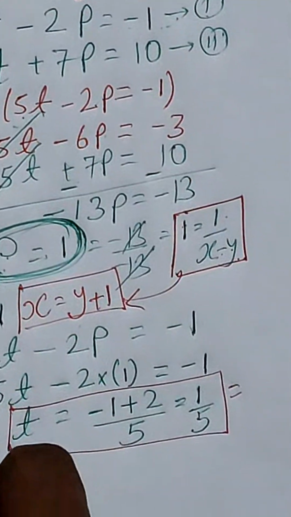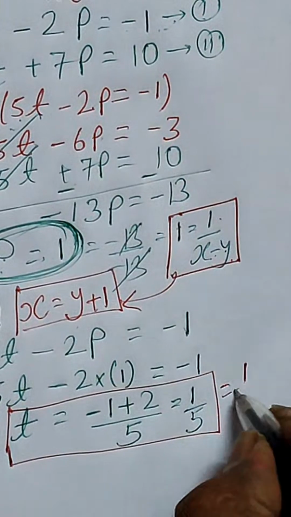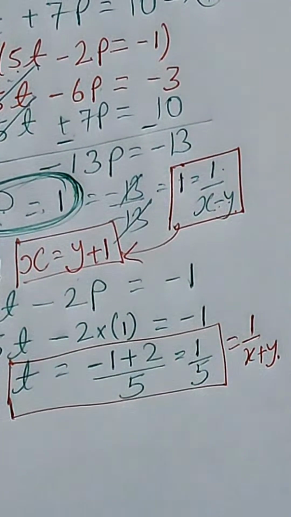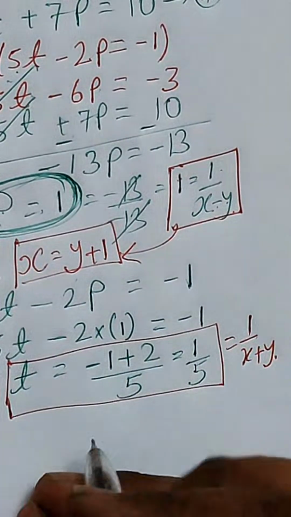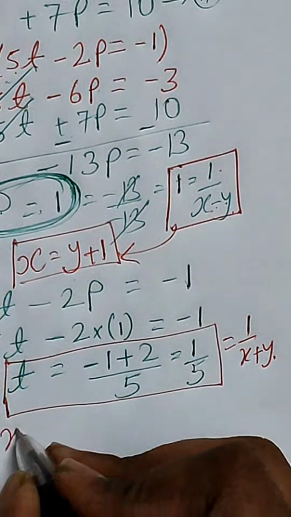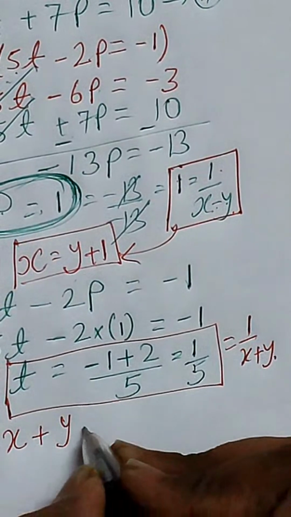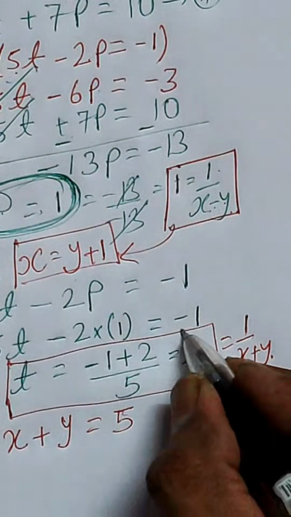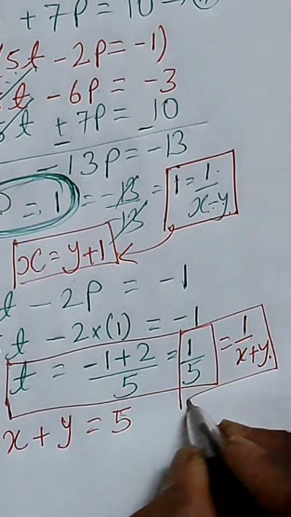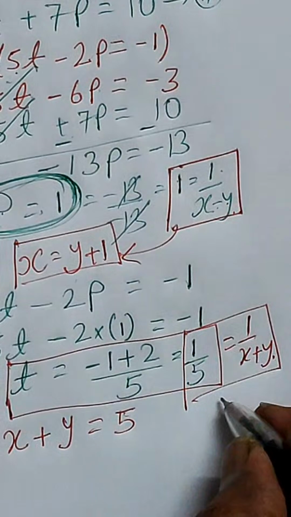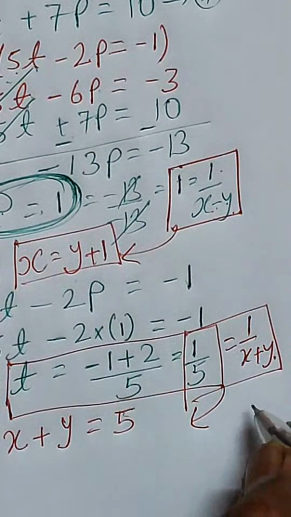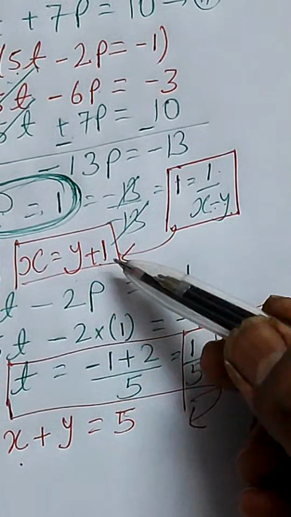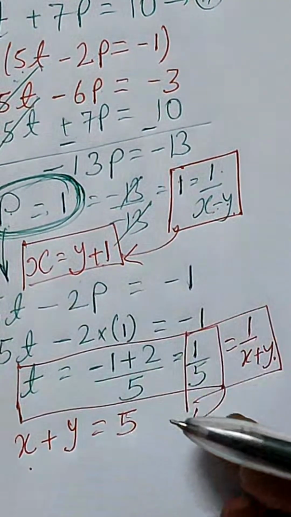So 1 by 5 is equal to 1 by x plus y, and this will give you x plus y is equal to 5. But actually now we can eliminate one of the variables, right?